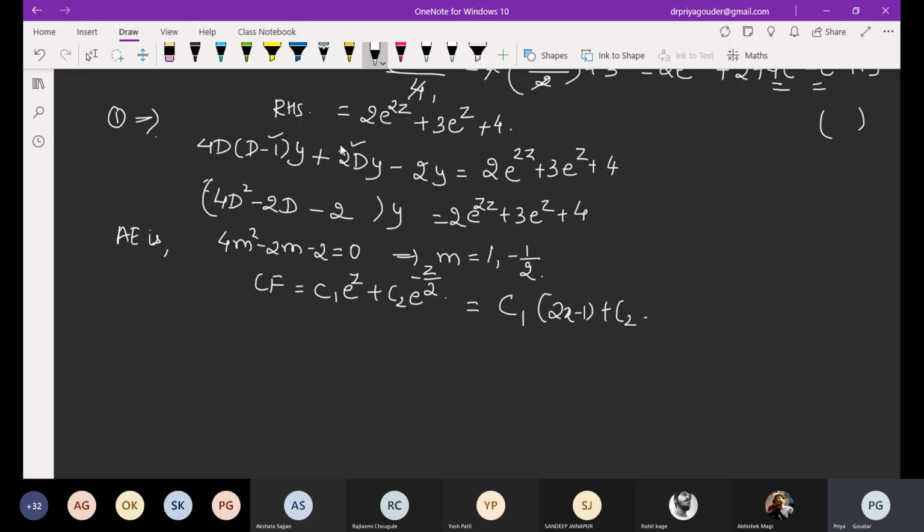I want minus z by 2, which means I have to raise the power by minus half. Correct?